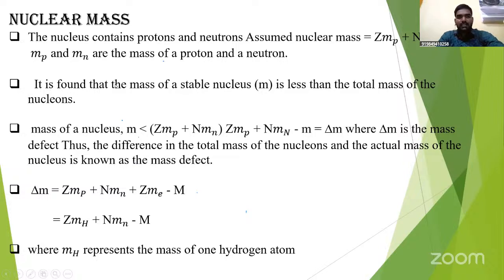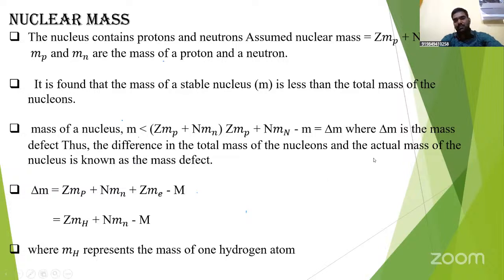It is found that the mass of a stable nucleus is less than the total mass of its nucleons. If you add the protons and neutrons masses, the total will be greater than the nucleus mass, because there will be some energy to bind them.